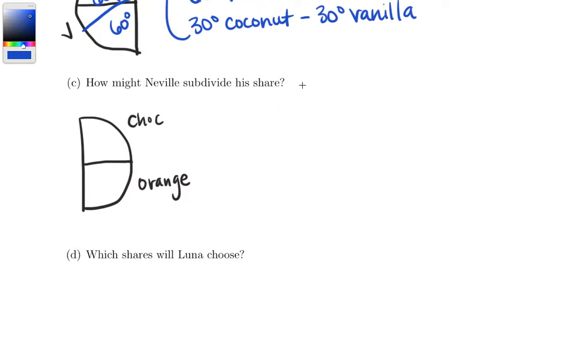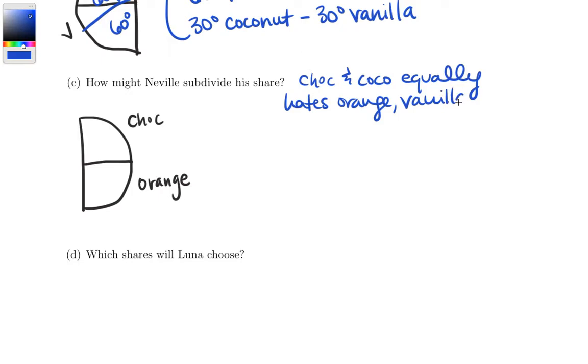So Neville likes chocolate and coconut equally and hates orange and vanilla. So this whole orange quarter of the cake has 0 value to Neville.